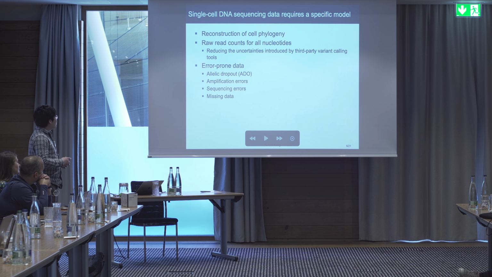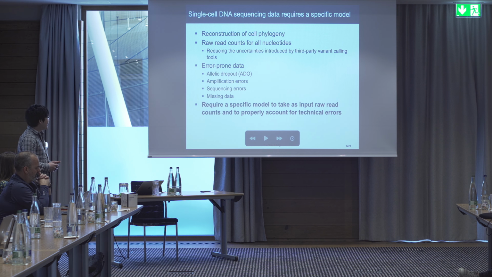And also one big problem of single-cell DNA sequencing data is abundant missing data. So it is important that this kind of data requires a specific model to take raw read counts as input and to properly account for technical errors.